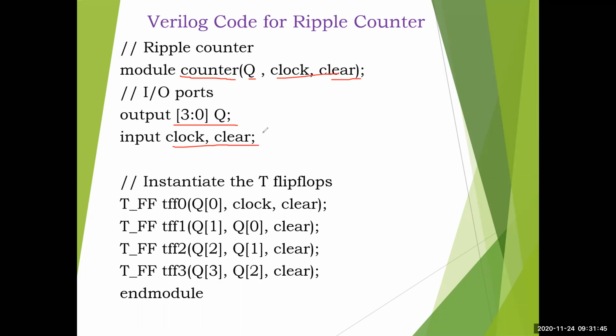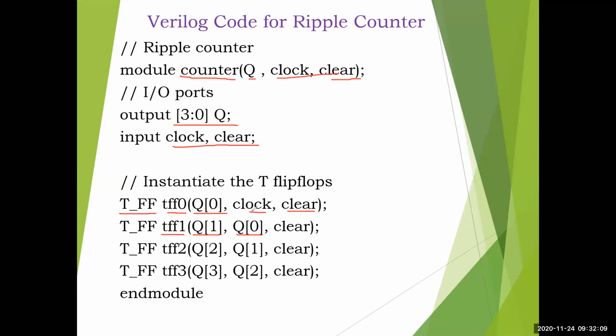So what we have done in counter is we have instantiated the 4 T flip-flops. The module name is T flip-flop, and TFF0 is the instance name. For the first T flip-flop, you have Q of 0 as output, and clock and clear as input. Similarly, the second flip-flop, TFF1, has Q of 1 as the output and Q of 0 as the clock.